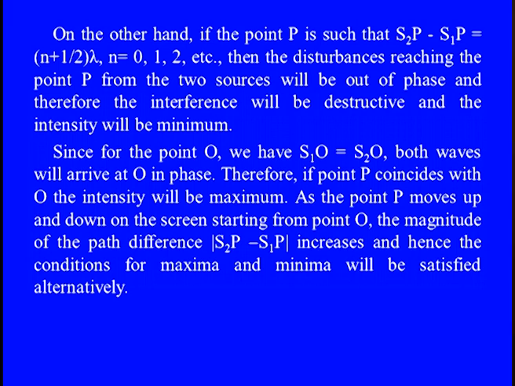On the other hand, if the point P is such that S2P minus S1P is equal to (n plus half) lambda, again n equal to 0, 1, 2, 3, etc., then the disturbances reaching the point P from the two sources will be out of phase, and therefore the interference will be destructive and the intensity will be minimum.